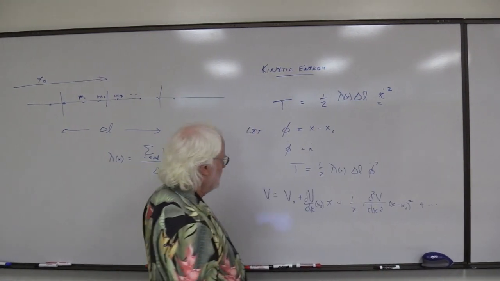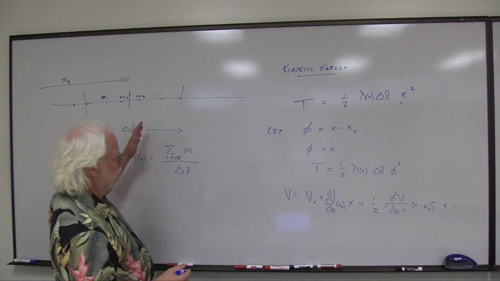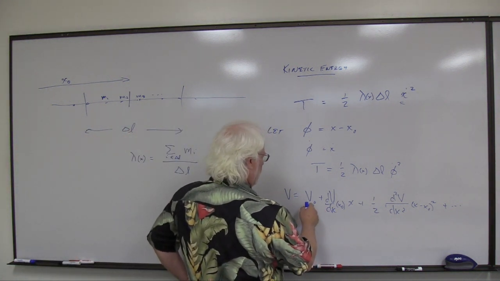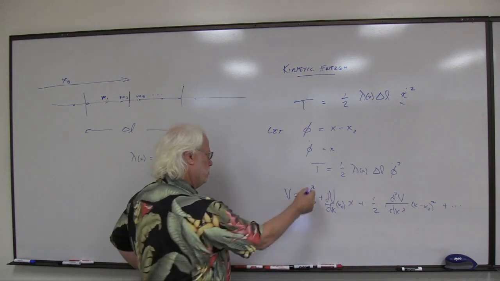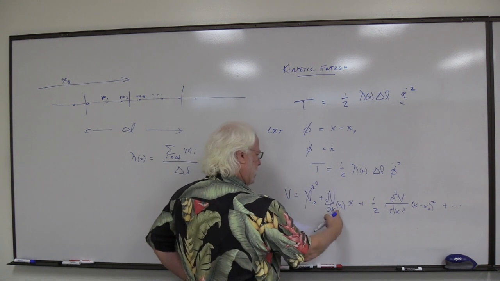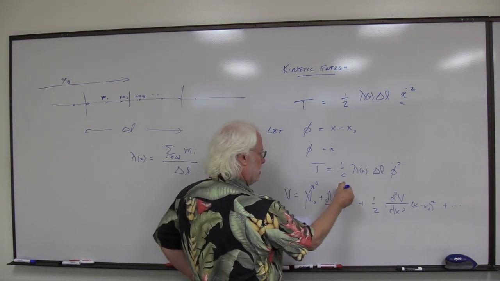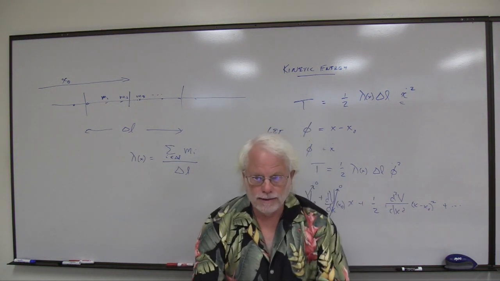But since x naught is the equilibrium position, we can take the zero of the potential to be zero, and evaluating the gradient of the potential at the equilibrium position also gives us zero. So the first term is really the quadratic one here.